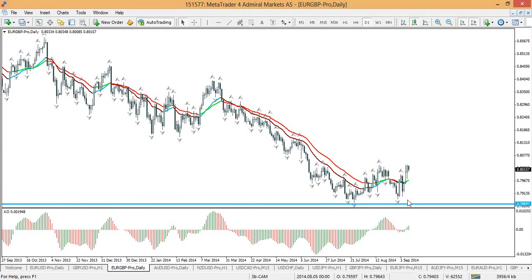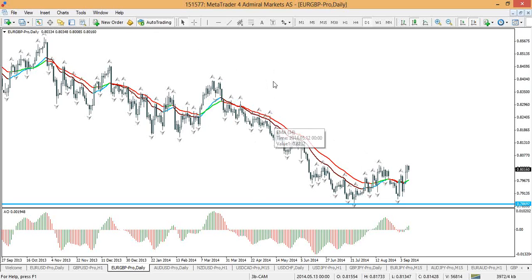Let's see, Euro Pound, maybe, I think we discussed it yesterday already, making kind of a double bottom here. When I have only two EMAs on it, we're looking at a 21 plus a 34, so they're closer to each other. They have different purposes. The 21 and an 89 is more like a short and an intermediate trend, whereas the 21 and 34 act more like a momentum gauge.